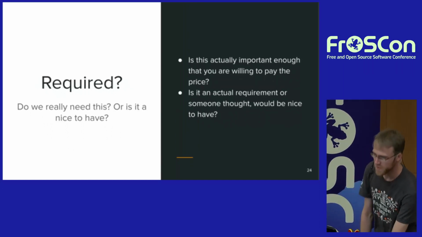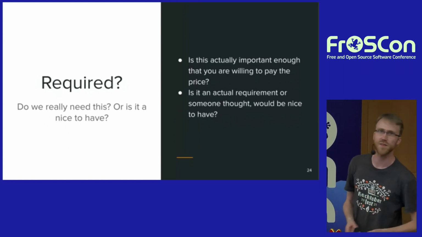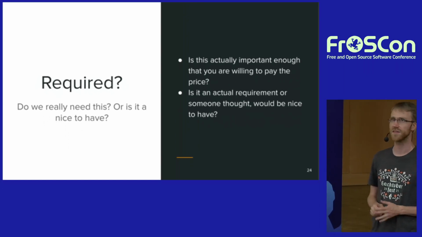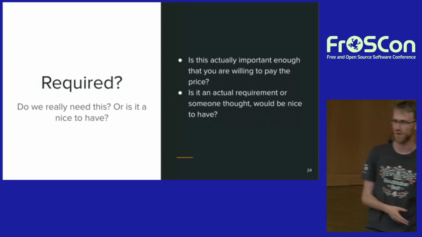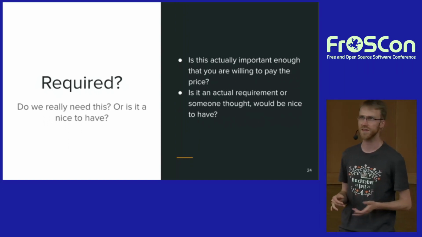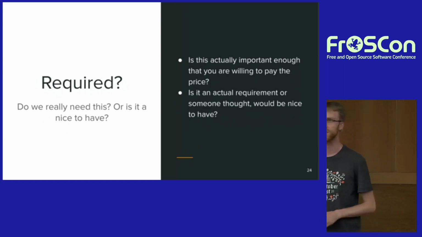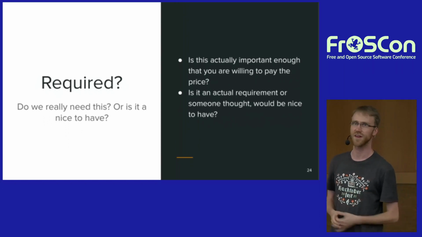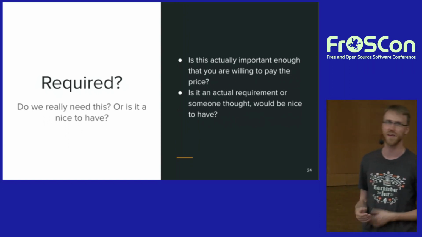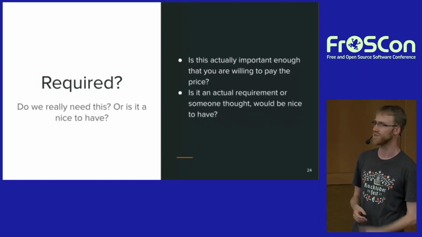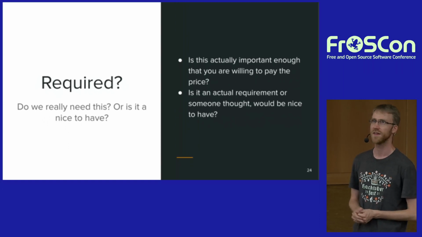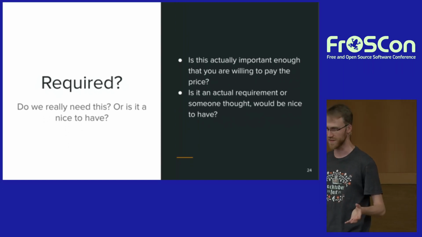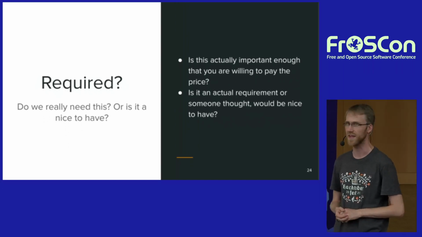Next thing is also ask yourself if it's really something you need and really something you need urgently. Because understanding where this need comes from really helps you, in the sense that sometimes it's just that someone heard that someone else said that his boss wanted this, and at the end of the day, I don't know, one person said, oh, it would be really nice to have this, and then this was passed on and on and on and modified, and you would end up with this requirement, which is now an actual requirement.